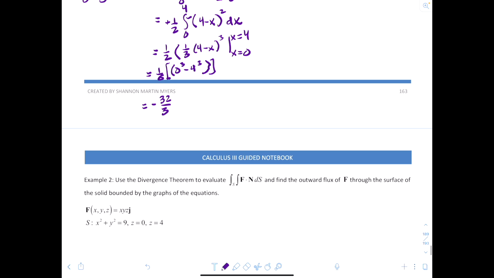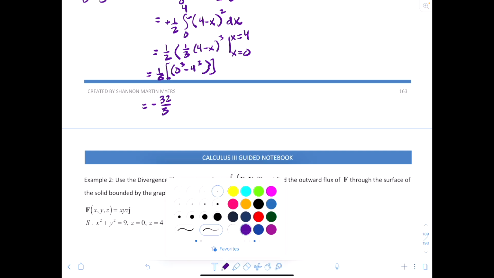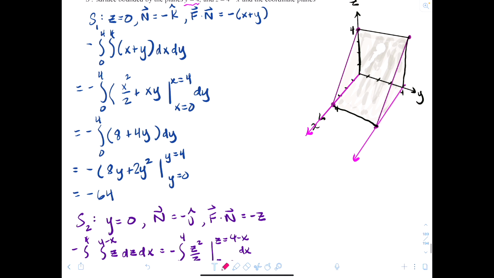Good so far? All right, and so we have many more surfaces to go because we've got to get those normal vectors sticking out. As we continue, we'll do a different color. So for surface 3, what have we done so far? We've let z equal to 0, and so we've got a unit normal vector pointing out from the bottom of our shape.